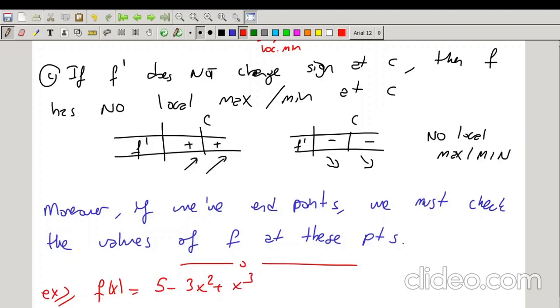Okay, check the local minimum, local maximum points for that function. Check the local min and max of f.